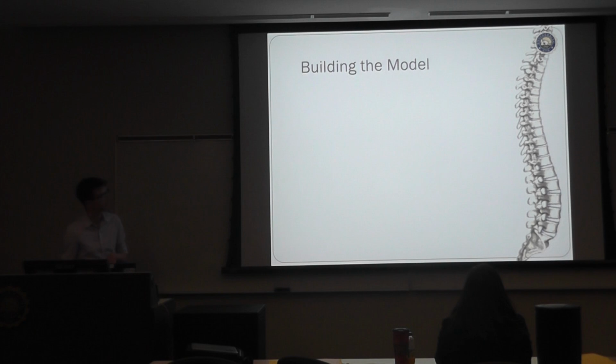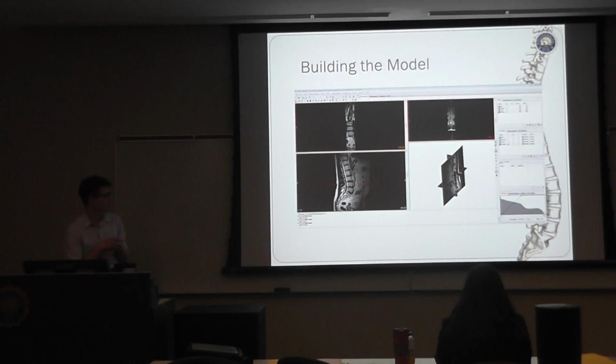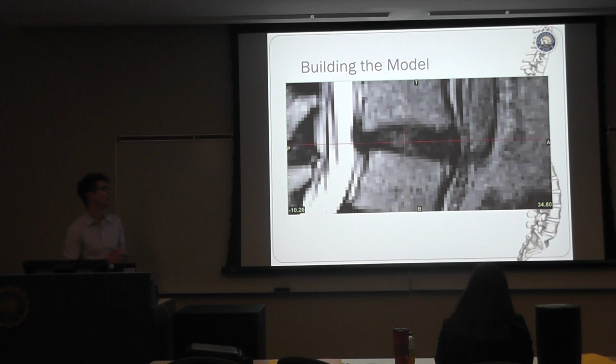So, building the model in Mimics. When you pull up Mimics, this is what it looks like. I've cleaned this one up a little bit with the contrast, but that's basically what it will look like. The L4, L5 vertebrae is right there, so we'll zoom in on it.